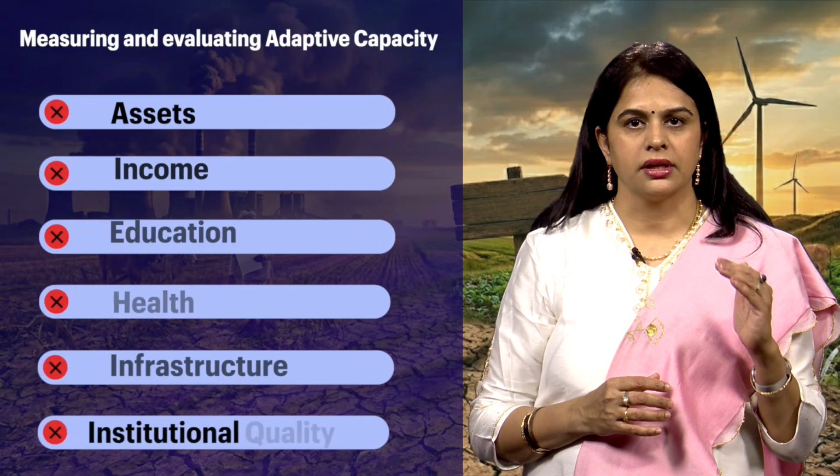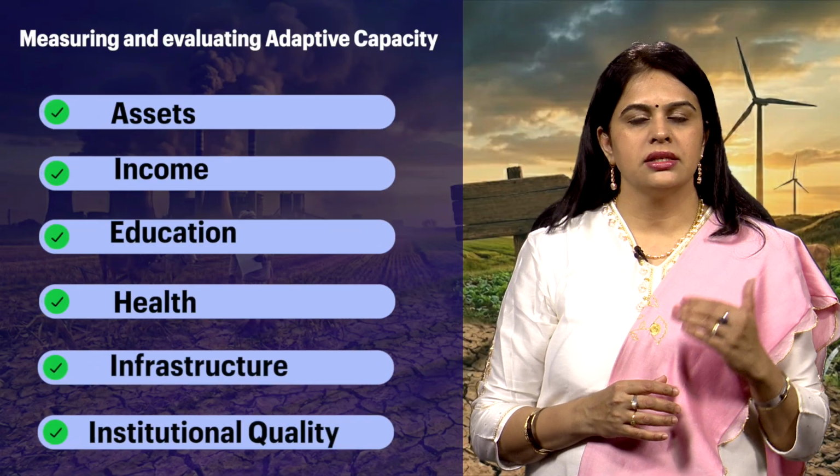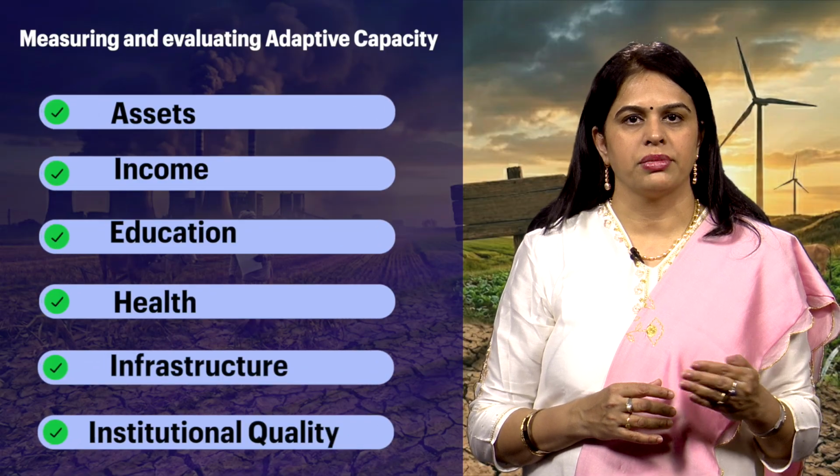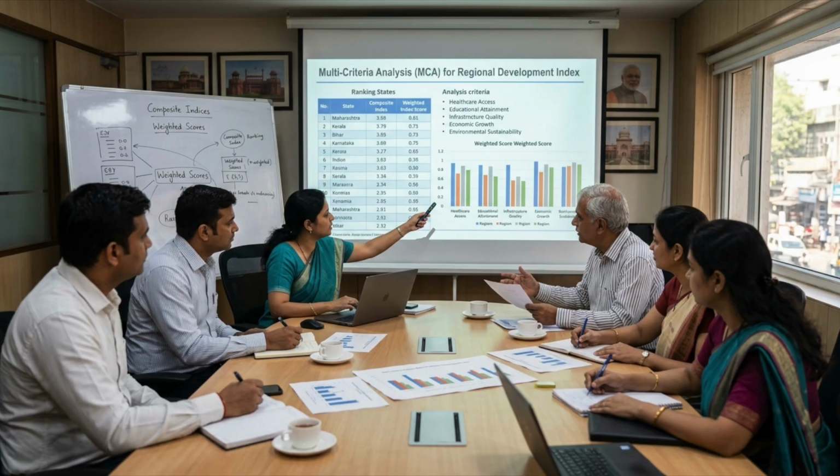Generally, indicator-based methods make use of variables about assets, income, education, health, infrastructure, institutional quality, social capital and access to information. They make use of composite indices or multi-criteria analysis to do this.